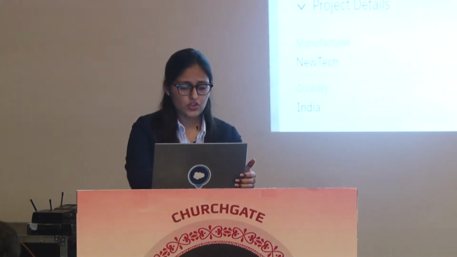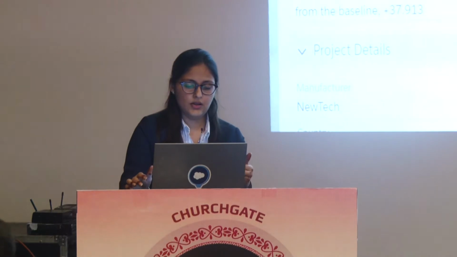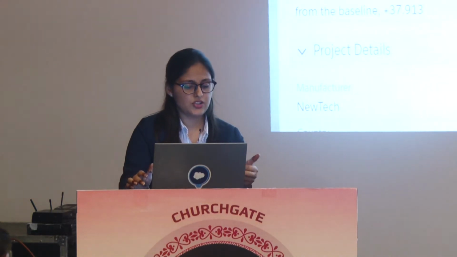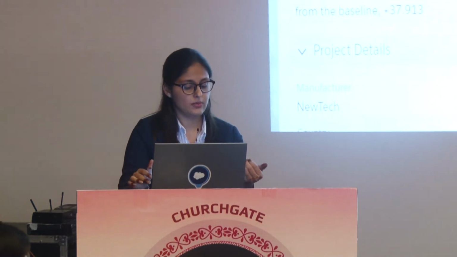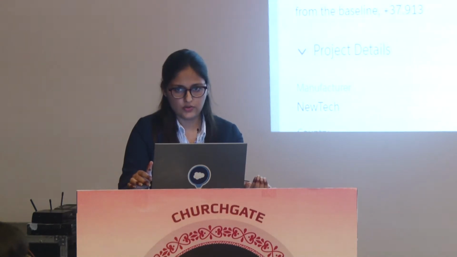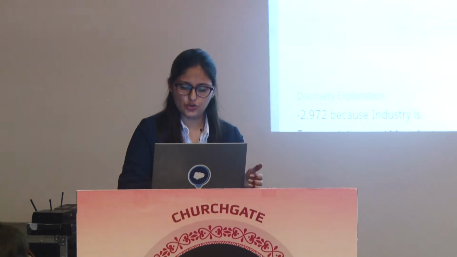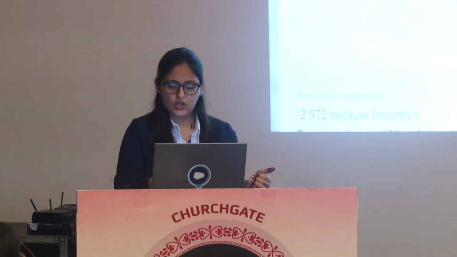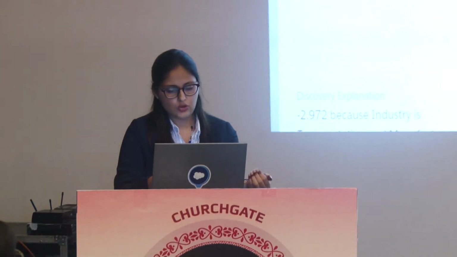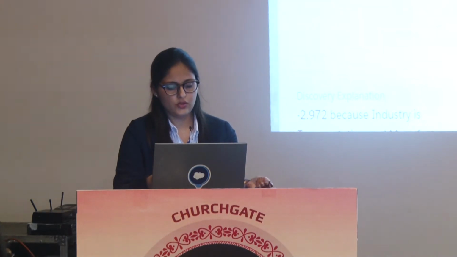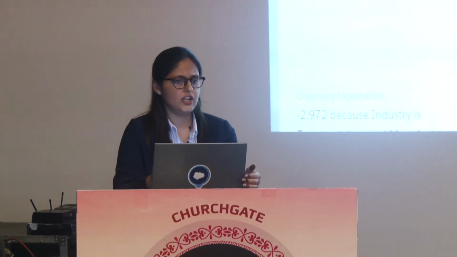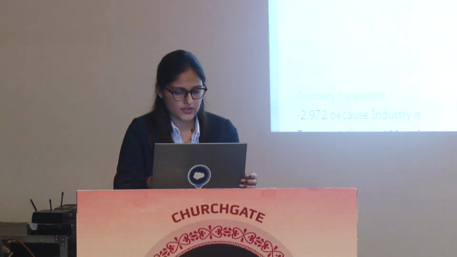It's suggesting that when the industry is transportation and manufacturing and the product is new tech, your margin is decreased by 2.972. So from here it's suggesting I should change the discount level to silver. Normally you don't change the product, you change the discount or any other parameter for your business cycle. Okay, I'm just going to change it.